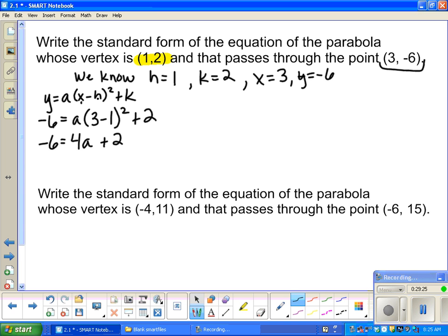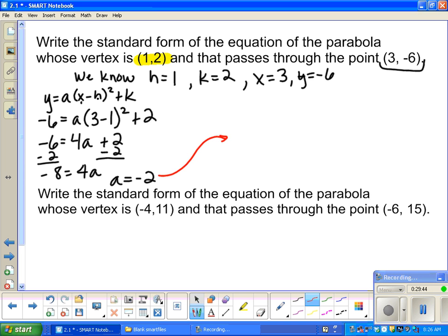Now it's a two-step equation. So we're going to subtract 2. And we get negative 8 equal 4a. A will equal then, divide both sides by 4, negative 2. So now we solve for a.